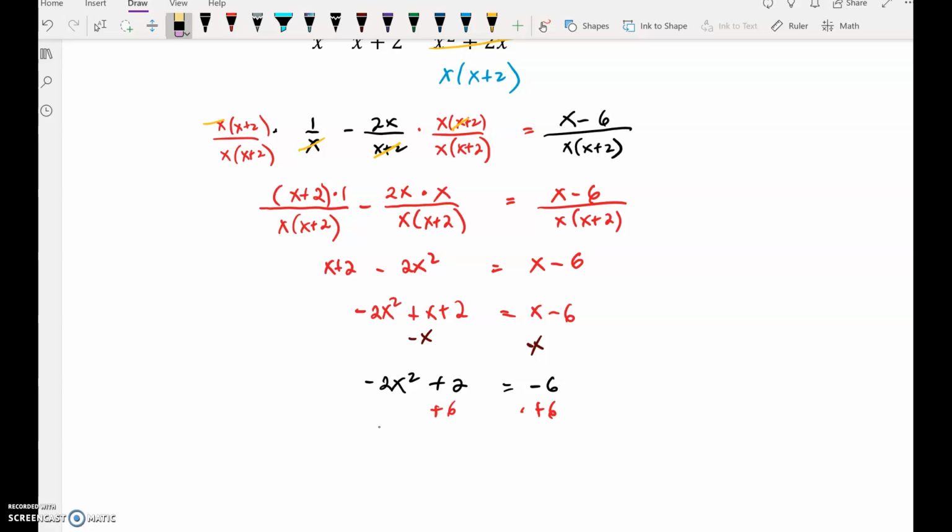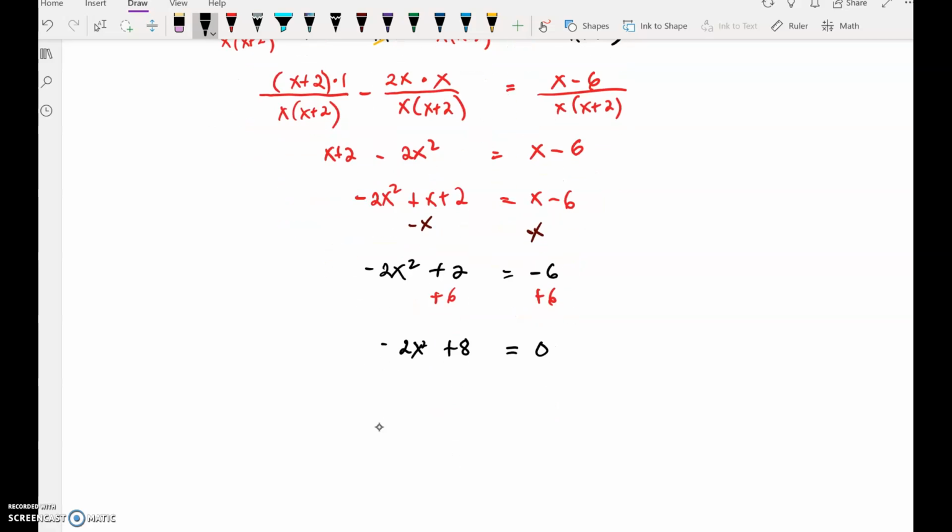Then I'll get negative 2x squared plus 8 is equal to 0. Then I do have something in common here, which is negative 2, so divide both sides by negative 2 and I get x squared minus 4 equals 0.